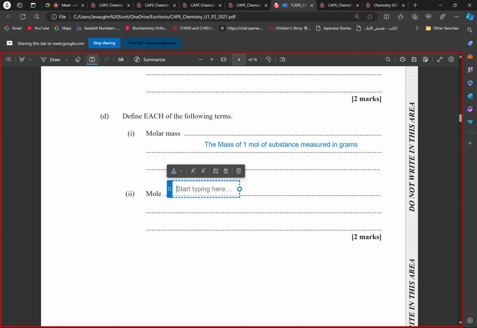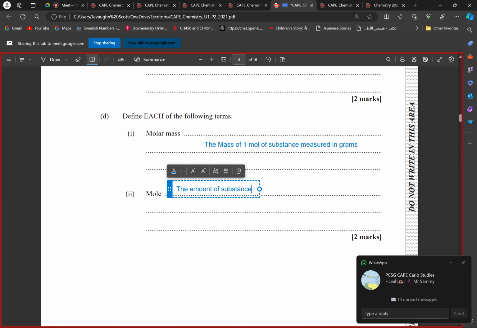A mole is the amount of a substance that contains the same amount of particles as there are carbon atoms in 12 grams of the carbon 12 isotope, I believe. Okay.